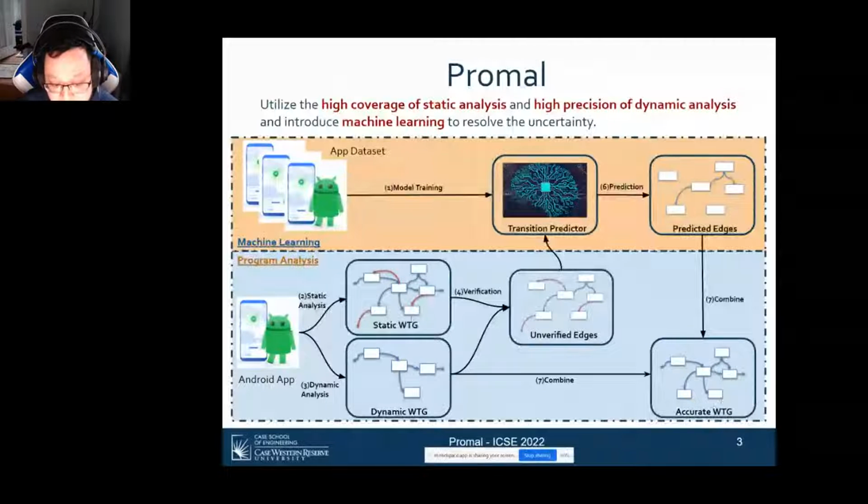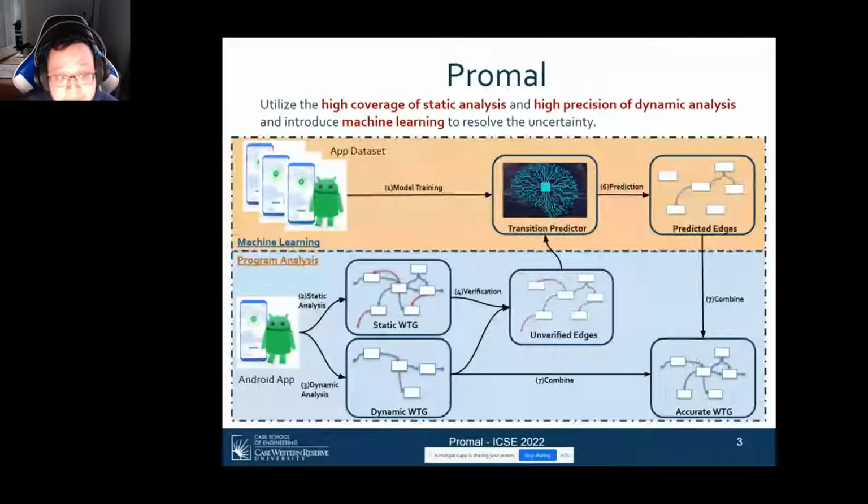For those that can only be found in the static WTG, we can't tell yet if they are valid or not. So instead of throwing them away or using all of them, we feed them into a transition predictor, which is a neural network model. The model is trained on a large app dataset, and it gives us a prediction of whether we should include this edge or not. After all the steps, we combine the dynamic WTG and the predicted edges, and we have an accurate WTG.